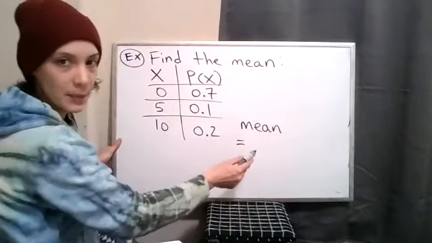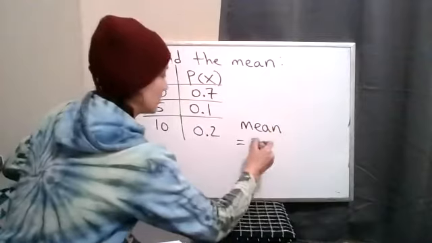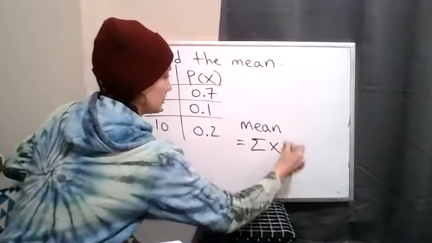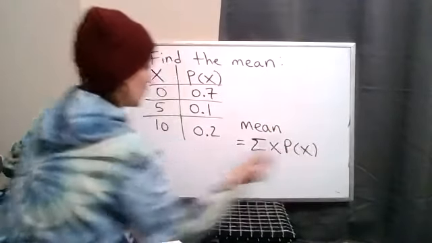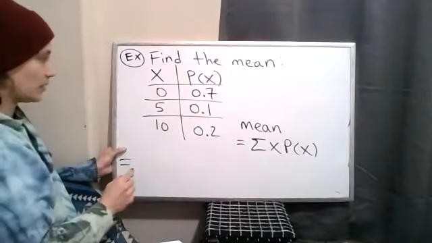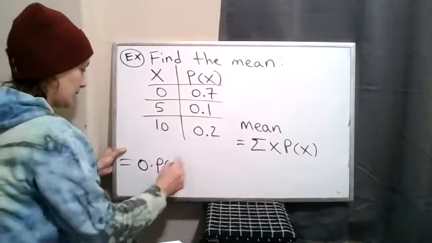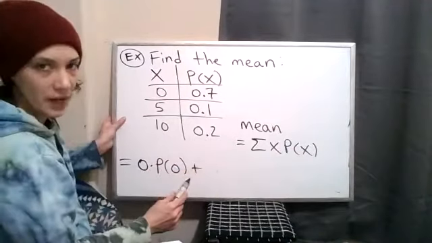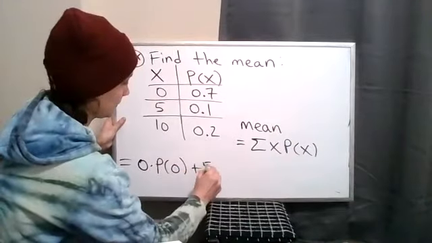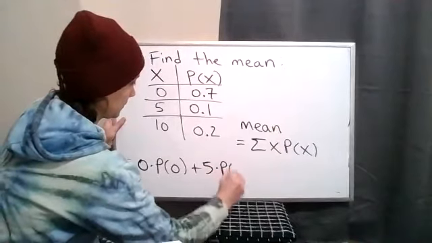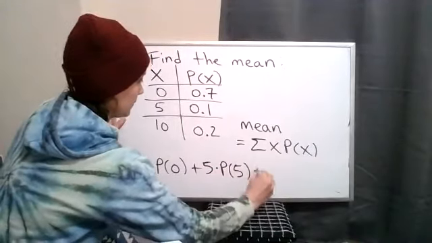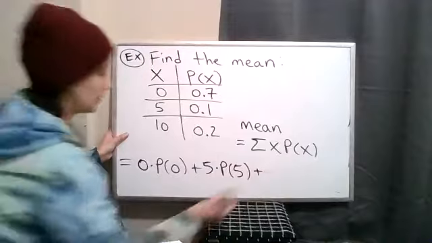Mean is sum of x times p of x. This time your x values are 0, then add, putting in 5, and then put in 10.